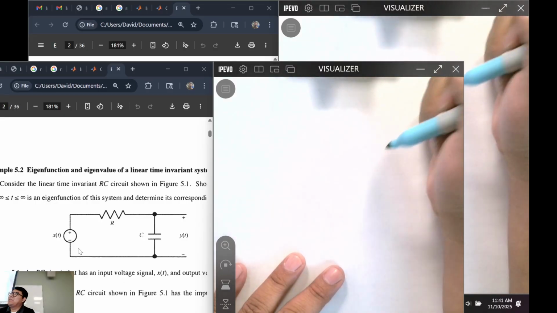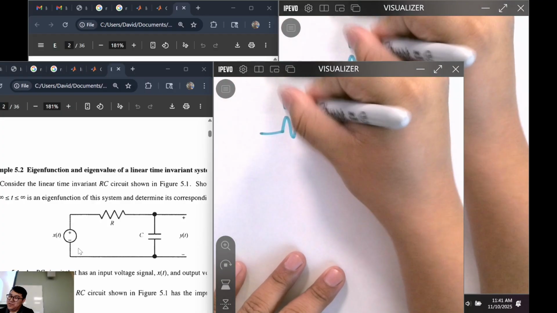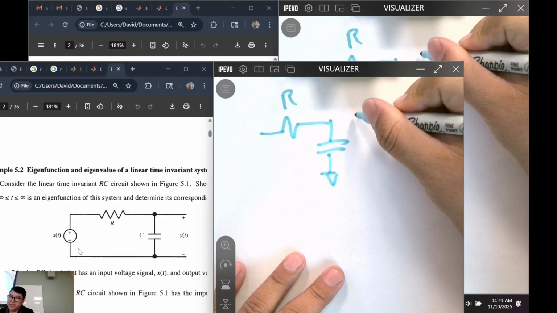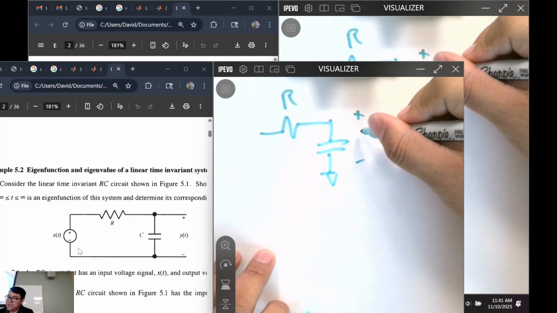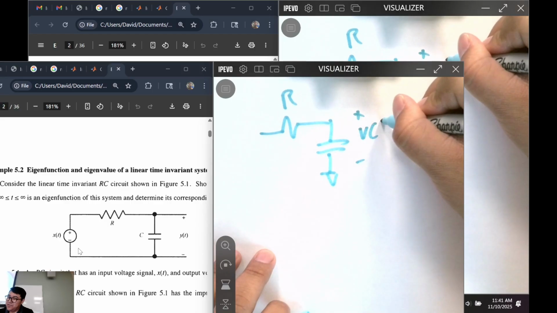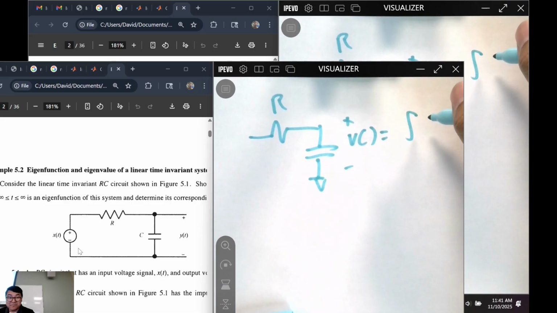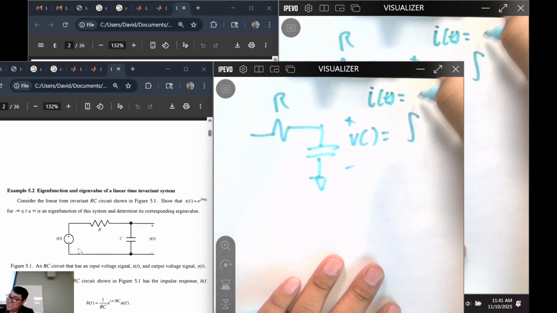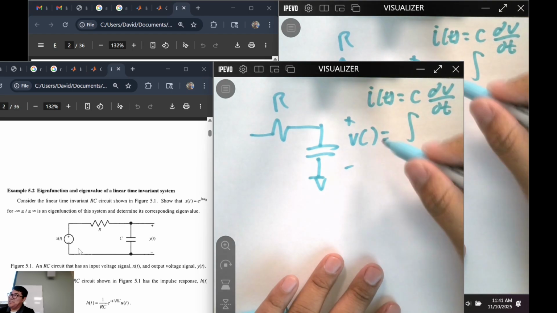If you wanted to solve for the impulse response of this, you've got some voltage right here, which is going to be equal to some integral, I forget what it is, but I do know this one: i of t is equal to C dv over dt. Is that good? Pretty simple stuff.